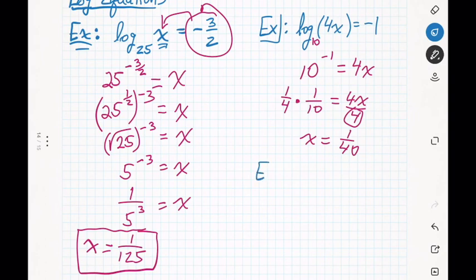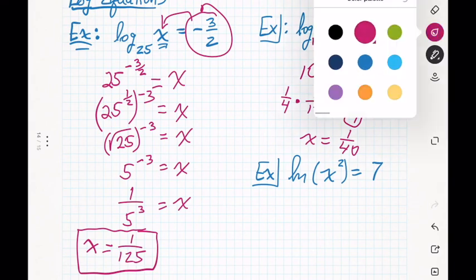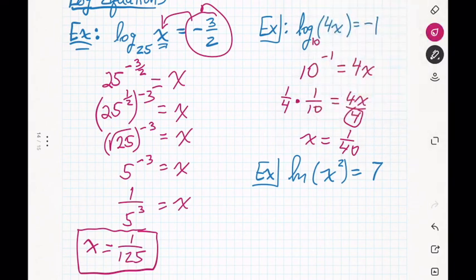So, for example, what if I have ln of x squared is equal to 7? This will definitely be a calculator one. All right, so start off the same.